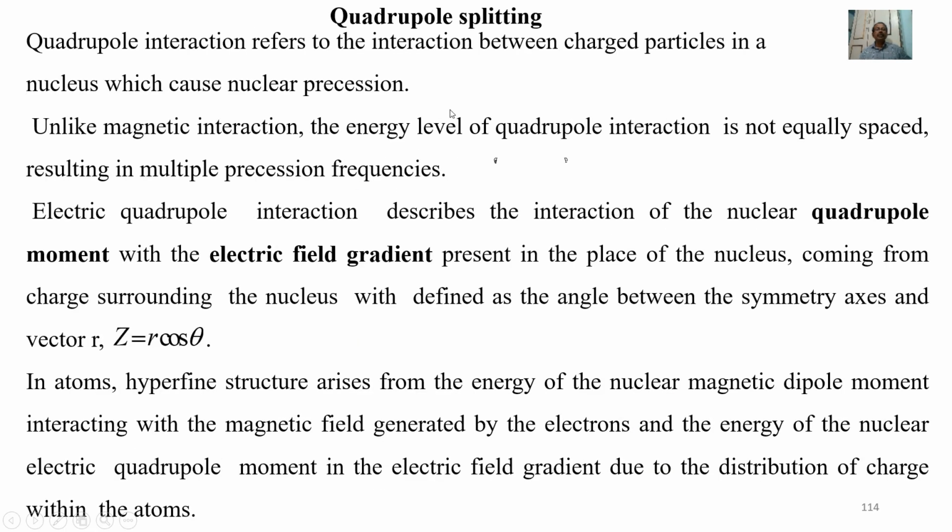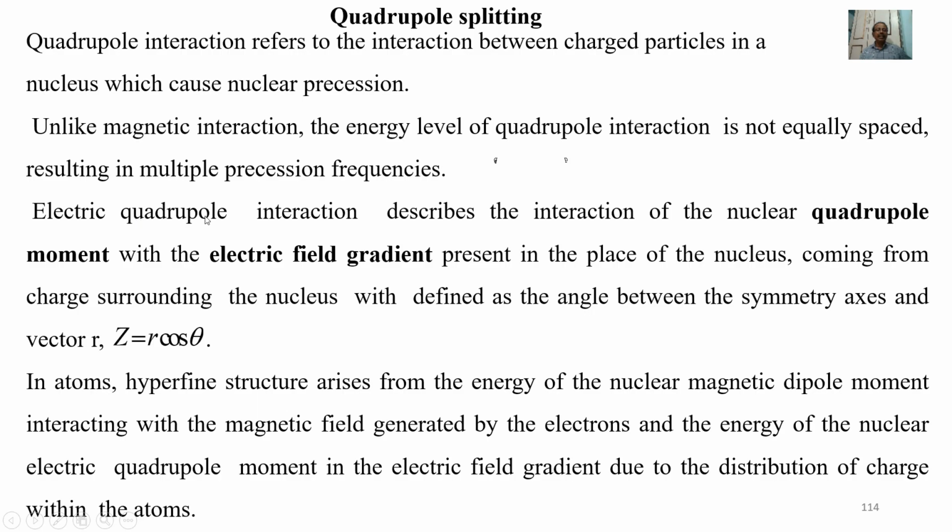Quadrupole splitting. Quadrupole interaction refers to the interaction between charged particles in a nucleus which causes nuclear precession. Unlike magnetic interaction, the energy levels of quadrupole interaction are not equally spaced, resulting in multiple precession frequencies.